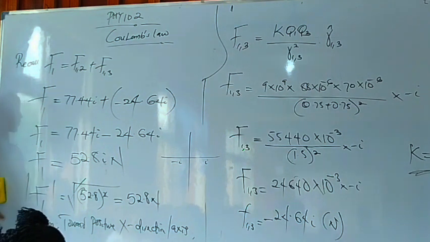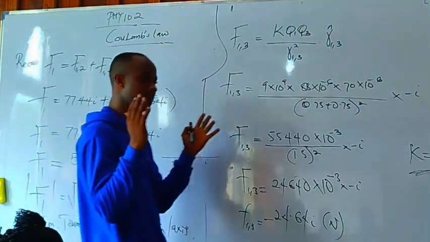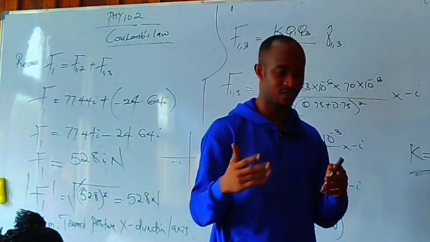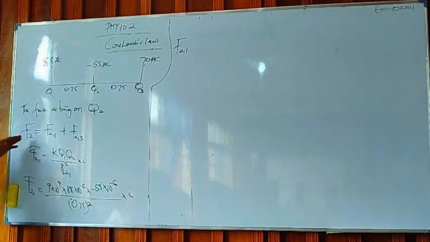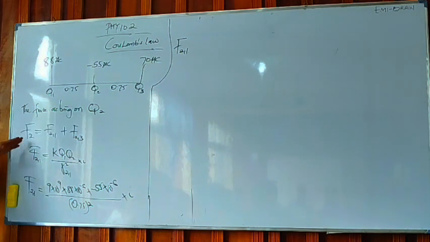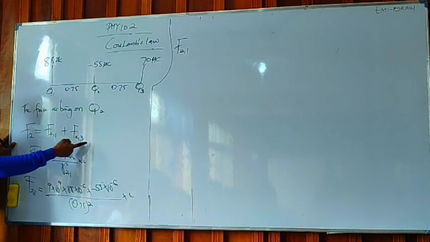This word defines force as a what? A vector. Force is a vector. It has size and direction. So for the force acting on charge 2, we said F2 is given as F21 plus F23.